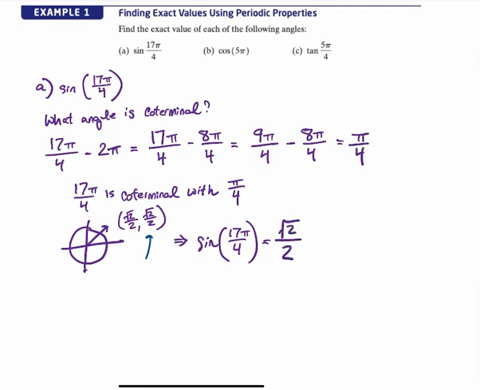Because it's coterminal with pi over 4, and that's the sine of pi over 4. So this is using this periodic nature to our advantage. If we just know the values of one trip around the unit circle, we just need to relate any other angle, some coterminal angle, to these.